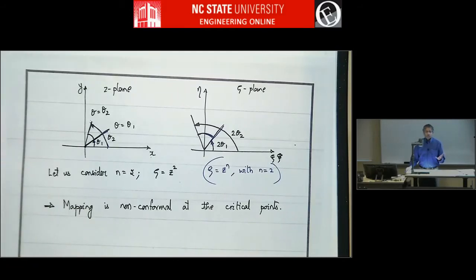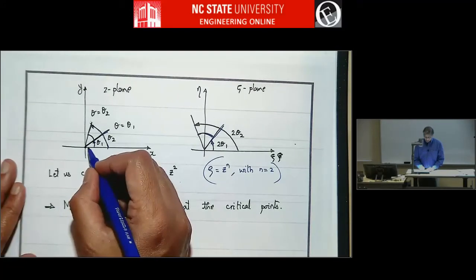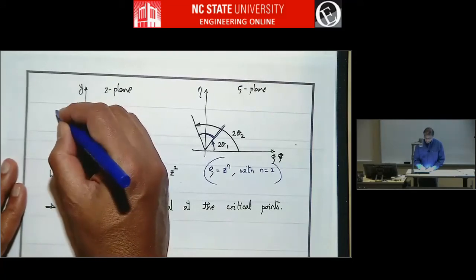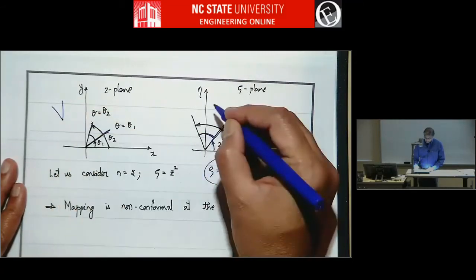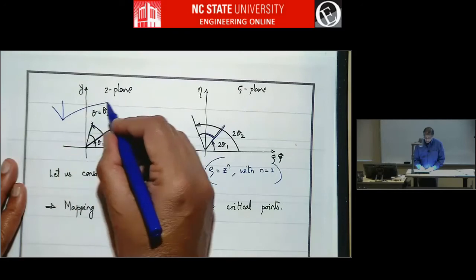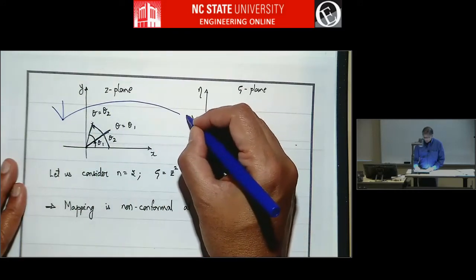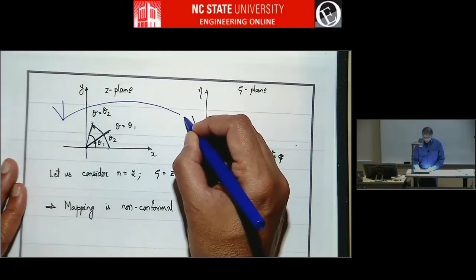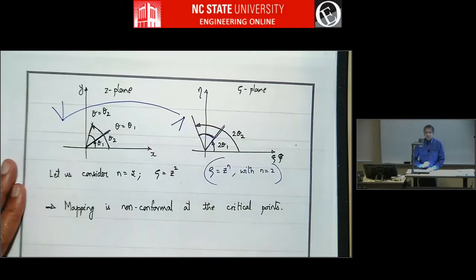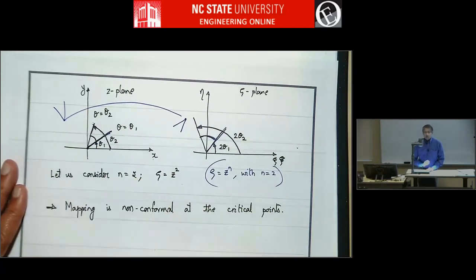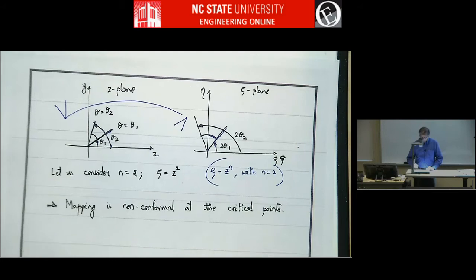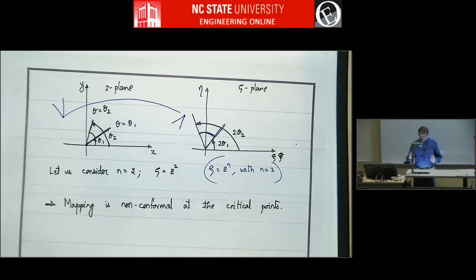So in other words, it's not conformal, but that is true only at the origin. If you draw some other point here, that same point will be maybe here, in a different direction, but the angle will be preserved. But at the origin it will not. So at the critical points, the mapping is not conformal.